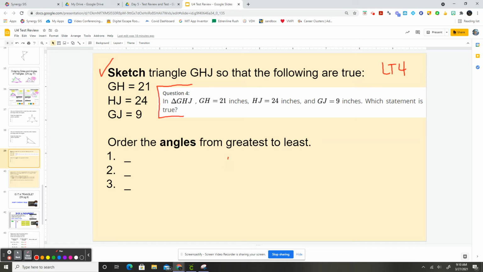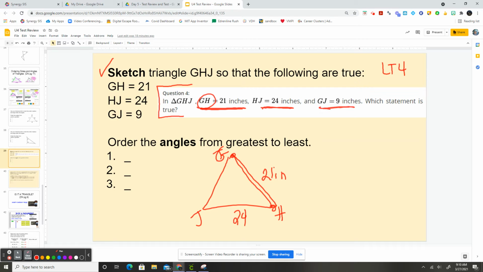Basically, what you need to do is draw the triangle, G, H, J, and then label it. The side, GH, there's 2 letters here. So the distance between G and H is 21 inches. Inches is a unit of length, so it has to be a side. HJ is 24 inches.